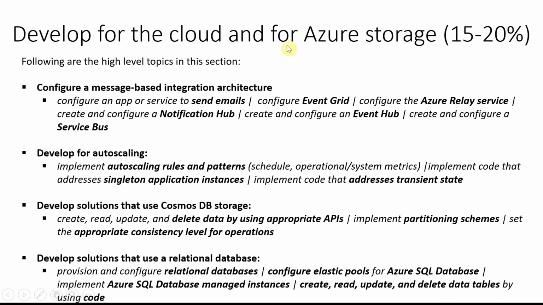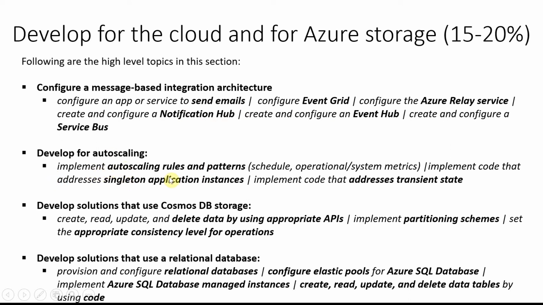Application A wants to send data to application B, but they have to be asynchronous. Then you use all this messaging in between. Event Grid, Event Hub, Service Bus, these are all queues. Notification Hubs, these are all software which will help you to do this integration aspect.